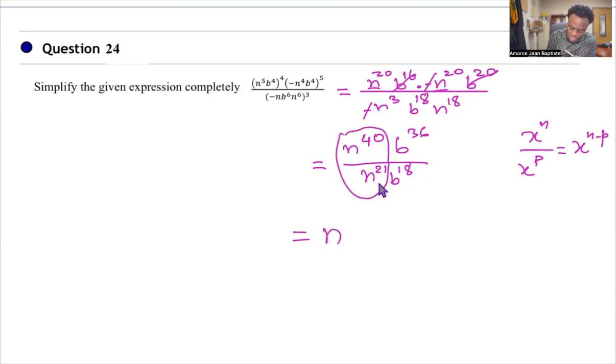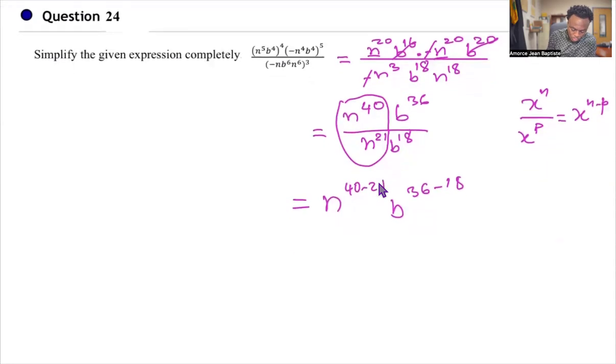That's n exponent 40 minus 21 times b exponent 36 minus 18. So then that is finally n to the 19, b to the 18.